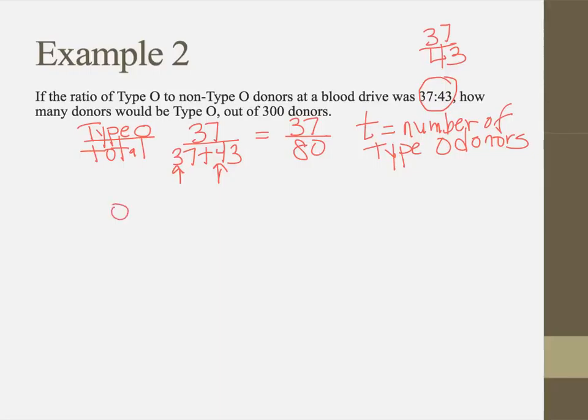So we have O to total. So we know that's 37 to 80. The thing that we don't know is type O, so we're going to put the variable there, and we know that we have 300 total.